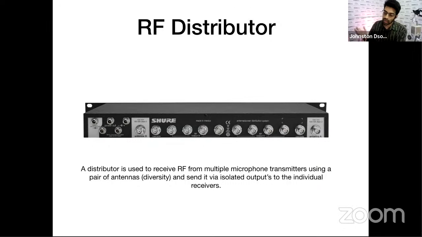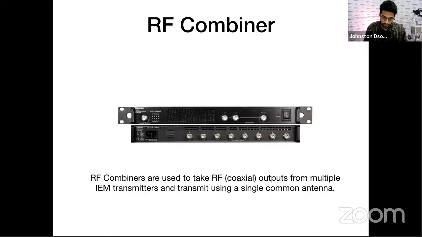A distributor will take RF from multiple transmitters and give it to multiple receivers, and a combiner will do the opposite. It is used for in-ear monitors. It will take the analog RF output, that is your coaxial cable output, from multiple transmitters, and transmit it to multiple receivers.